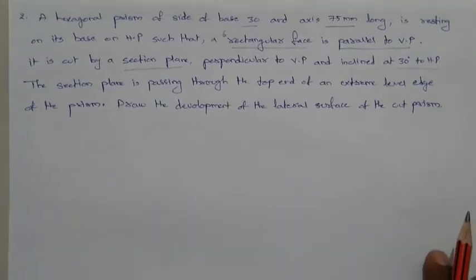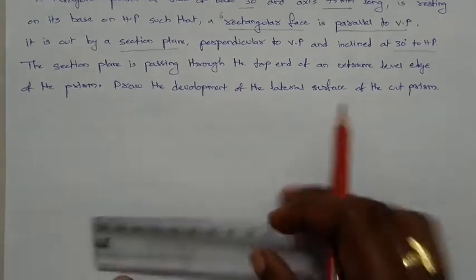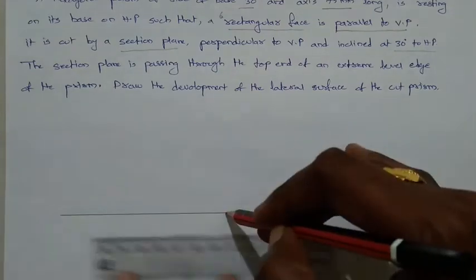Okay, so first I'll draw the front view and top view of this hexagonal prism. I'm going to draw the first XY line.